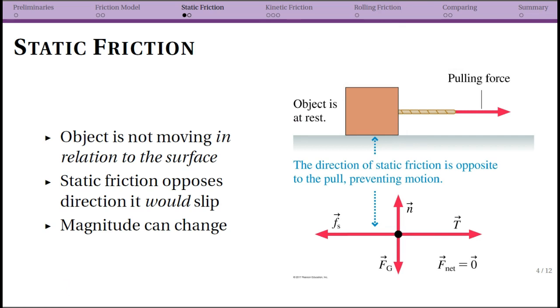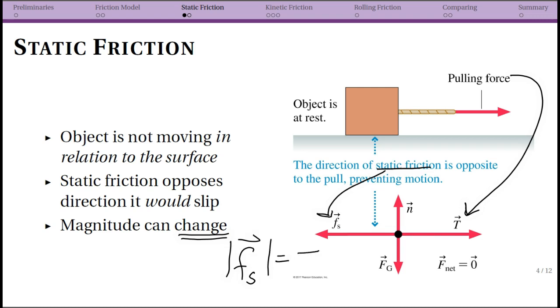Now, the last aspect of static friction is probably the trickiest, which is that the magnitude can change. What this means is that when we consider this free body diagram, where our pulling force is represented with tension, and we said that our static friction is over here to the left opposing tension, in this case, we are just saying that the magnitude of static friction is equal to the magnitude of tension.